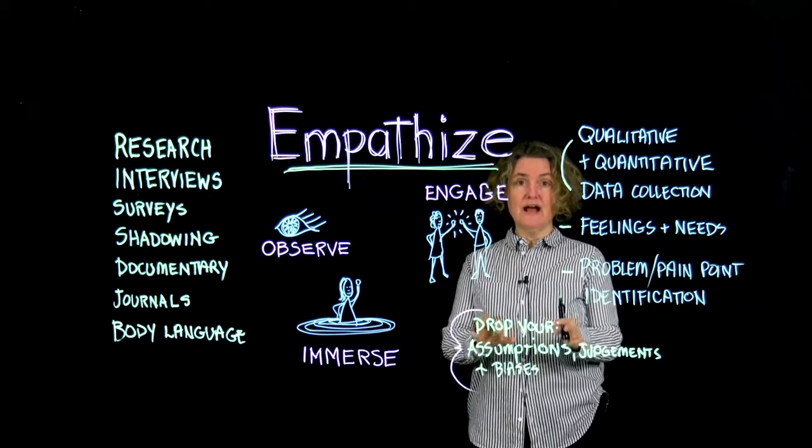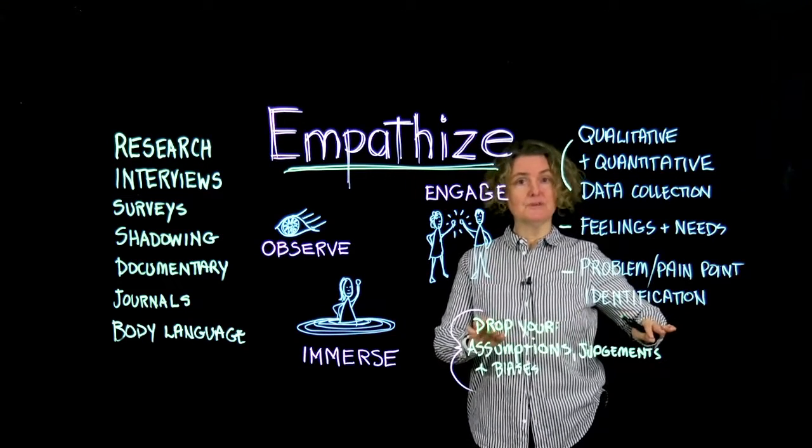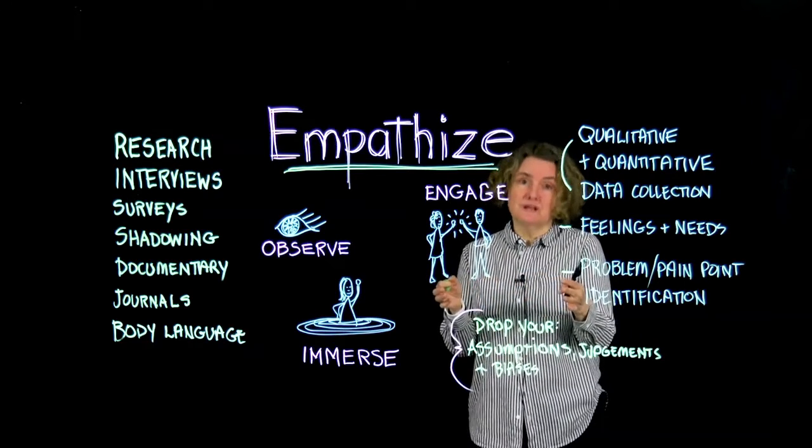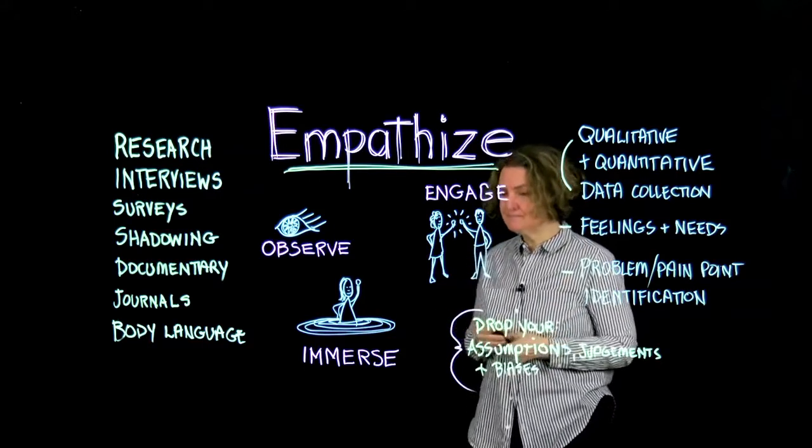So we need to figure out what those are first so that we can put them aside, because we really need to go into this in a pure collection, research, data collection frame of mind.